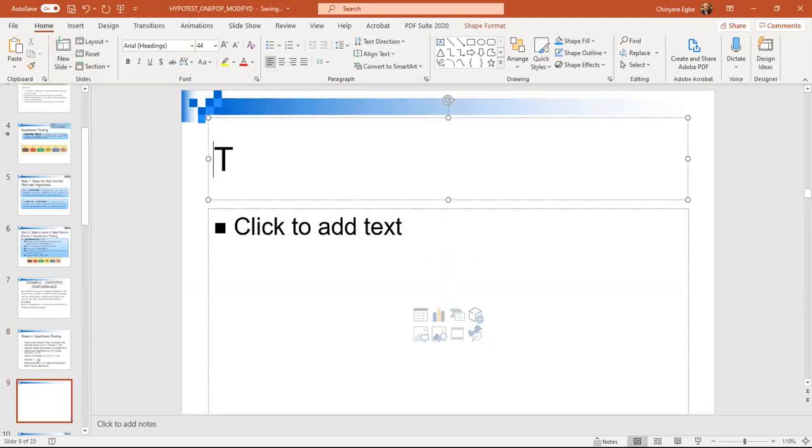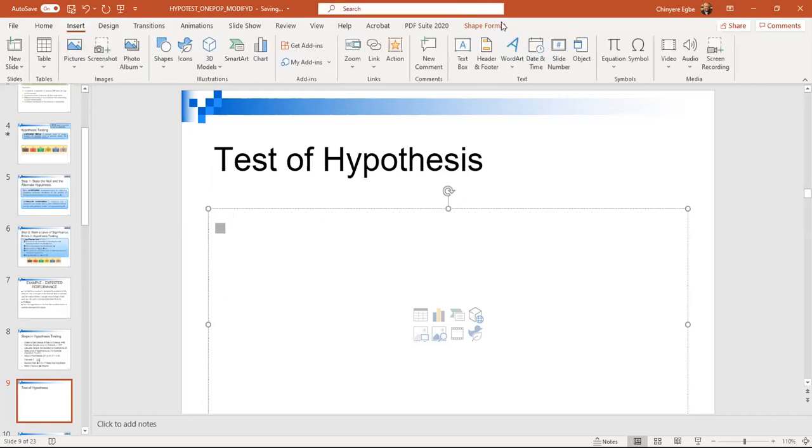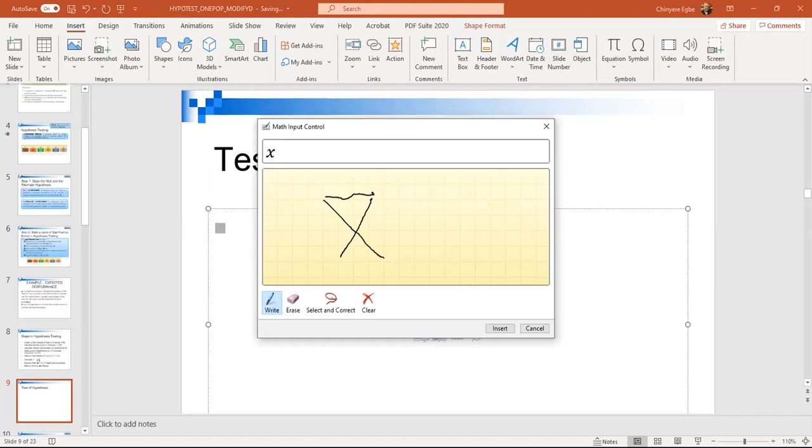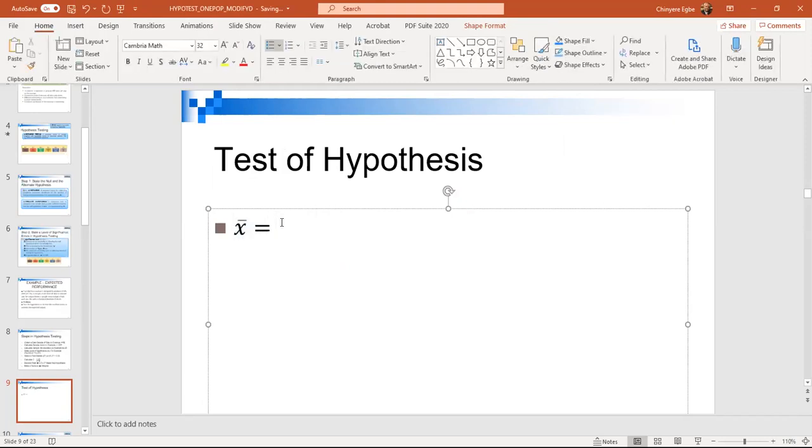We already know that X bar was 625. That is what we calculated.